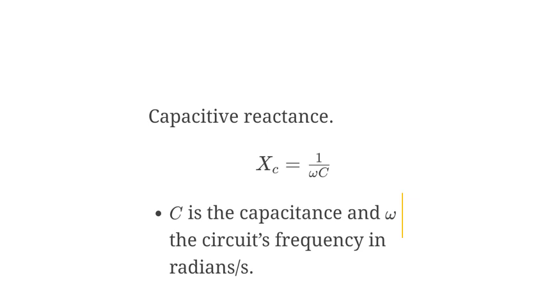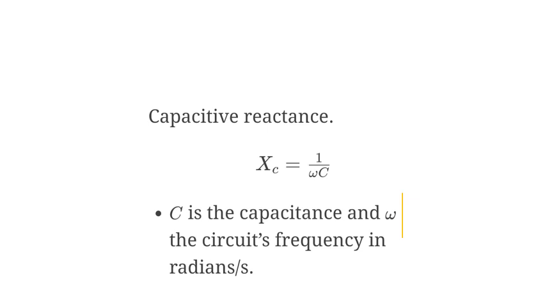Here I have shown this word, capacitive reactance. If C is the capacitance, then capacitive reactance is defined as Xc, and this is always equal to 1 upon omega C. Omega is the frequency in radians per second.